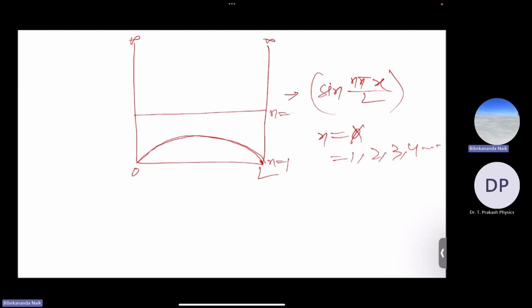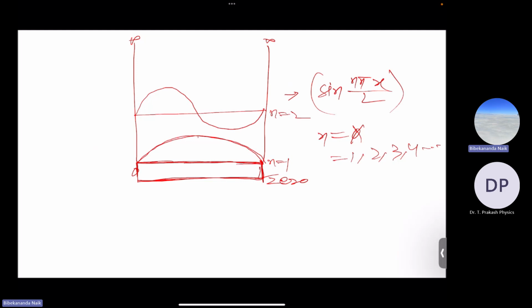Similarly for n equals 2, it will be like this. But generally, because the minimum energy is not 0, it is non-zero, we always draw the first level at some distance above the value of 0. So this is n equal to 1, this is n equal to 2.